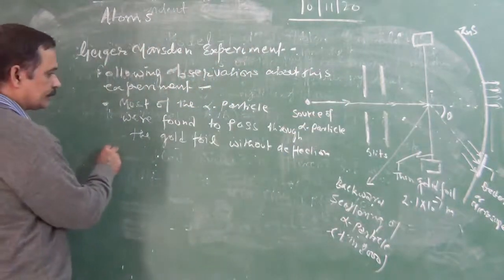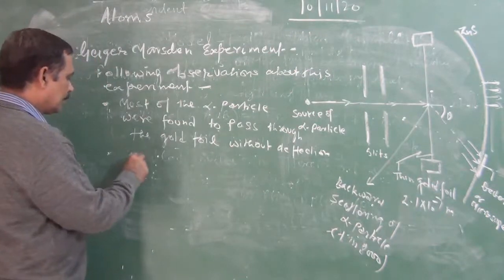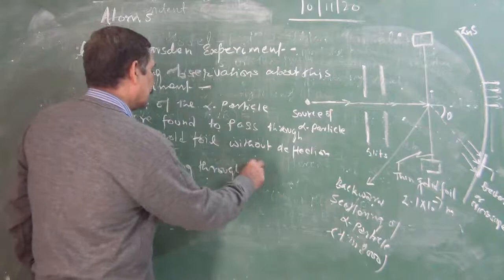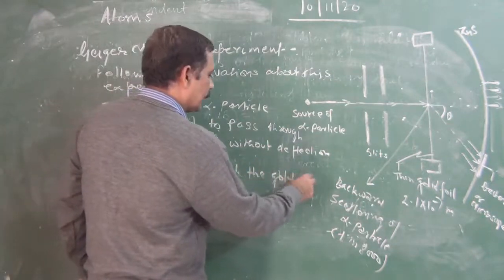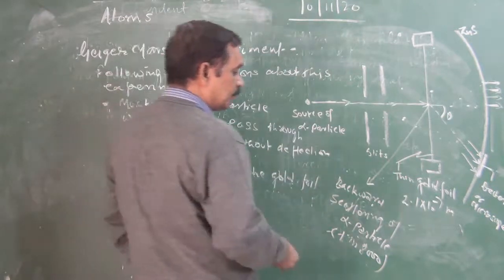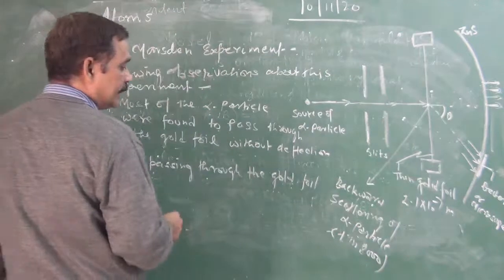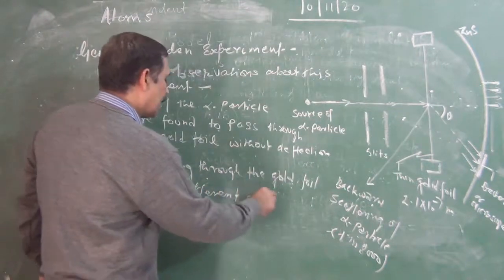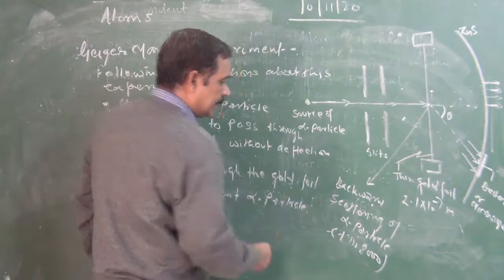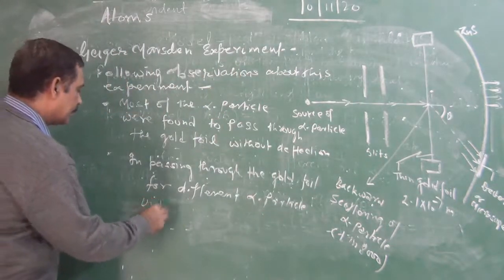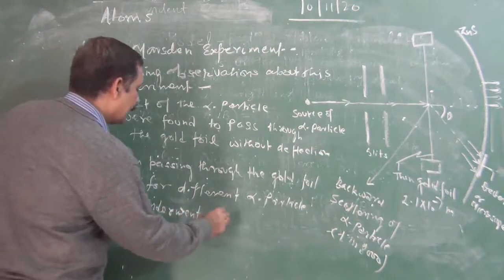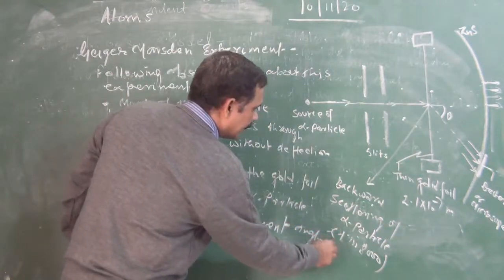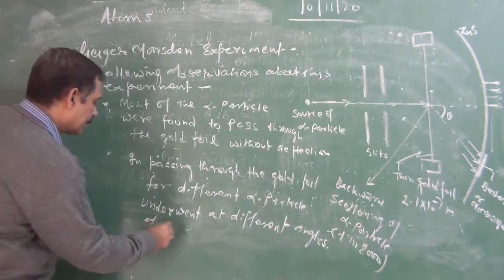Second point: in passing through the gold foil, different alpha particles underwent different angles of deflection.